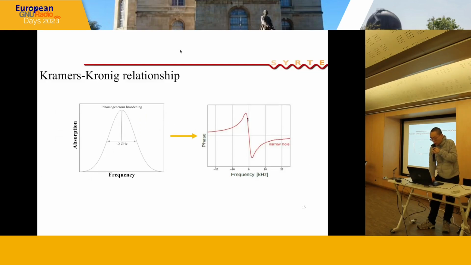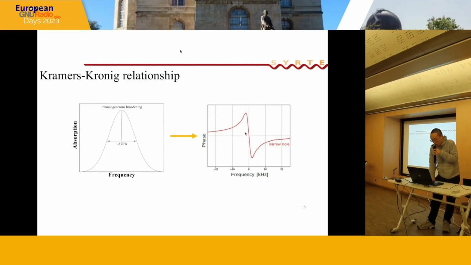At the center, the phase change has the highest slope. And here is the position where we need to lock the laser. As I mentioned before, it's a very narrow transmission band, so we can lock the laser at the center of the hole to stabilize the laser frequency.